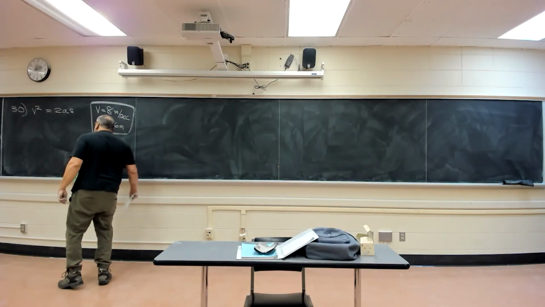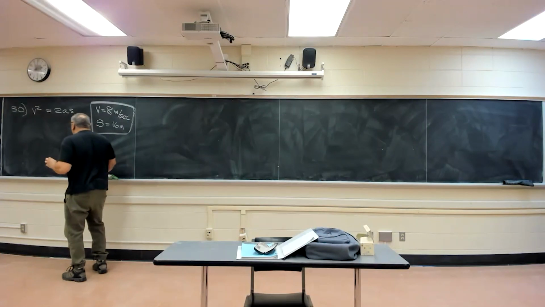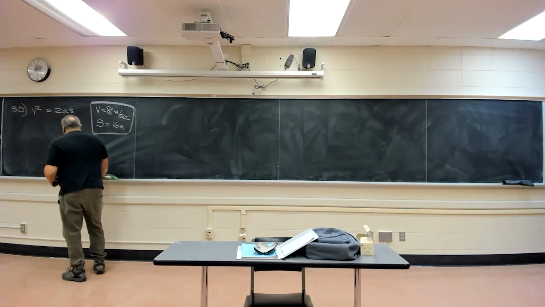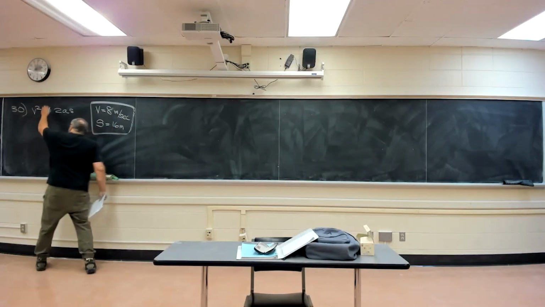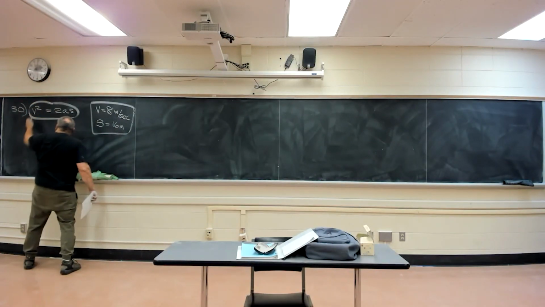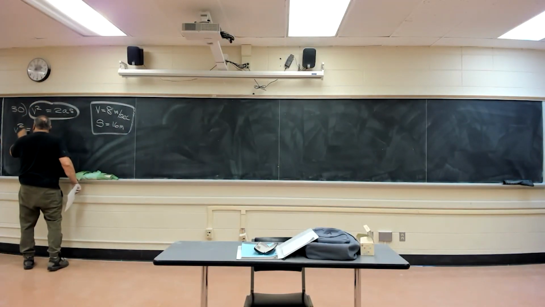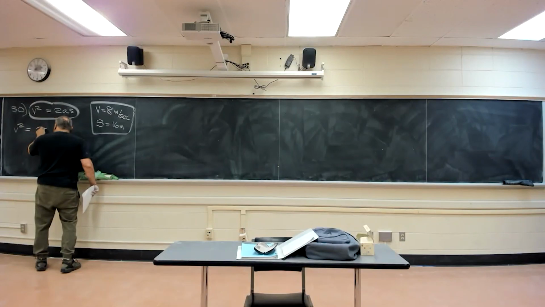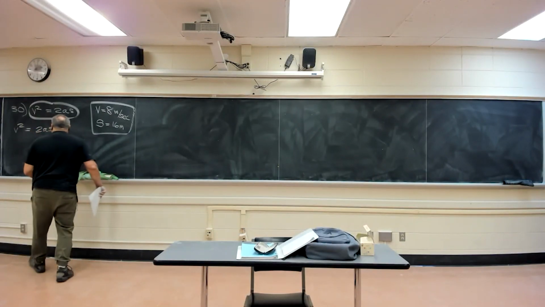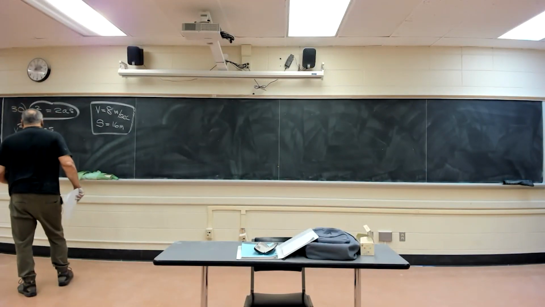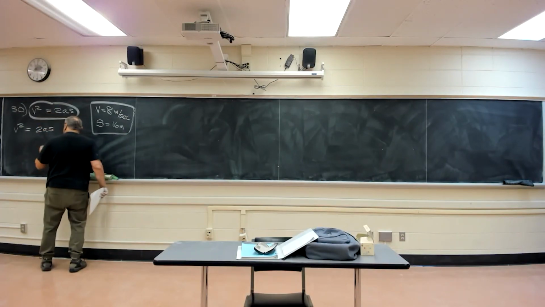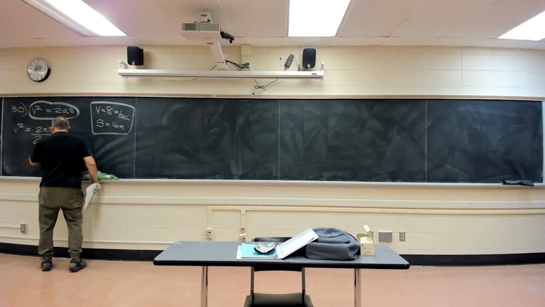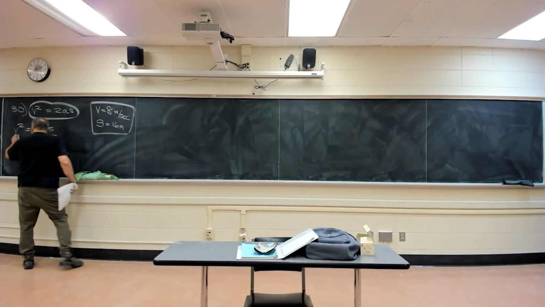Find the acceleration. Now there's a number of ways to play this. You could, symbolically speaking, do the following. You got v squared equals 2as. If I want to solve for a, I'm going to divide by 2s on each side.